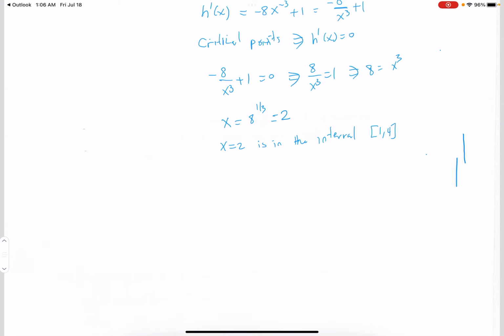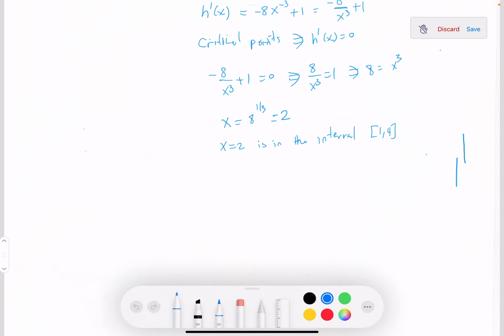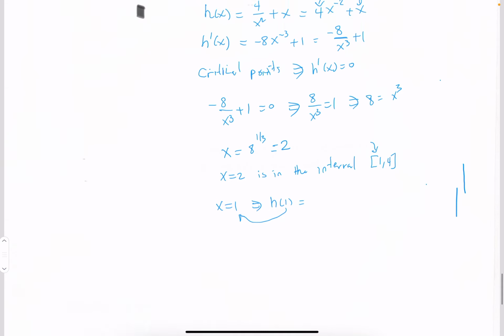Now, let's go for the lowest point, x equal to 1. This is the left endpoint, and we find the function as a function of 1. So what is the equation?